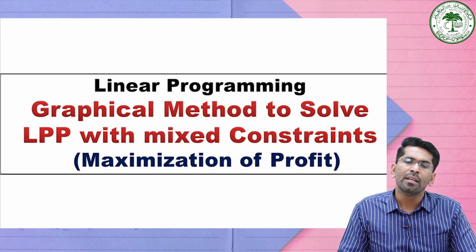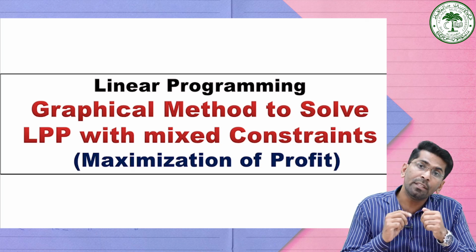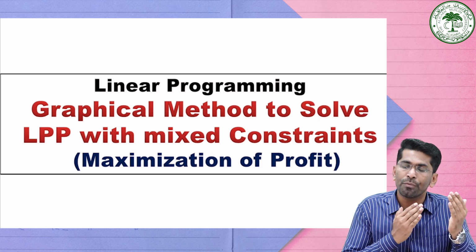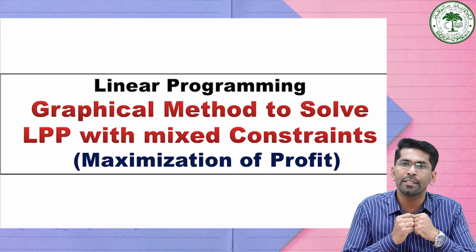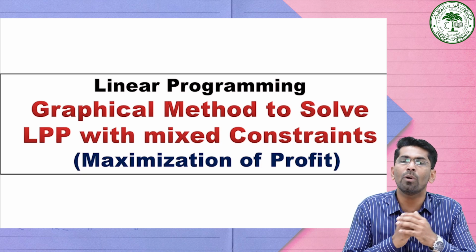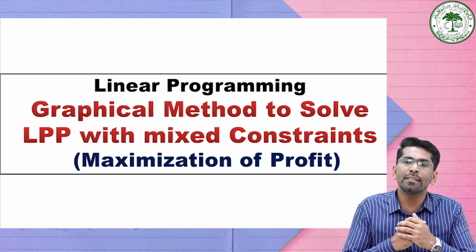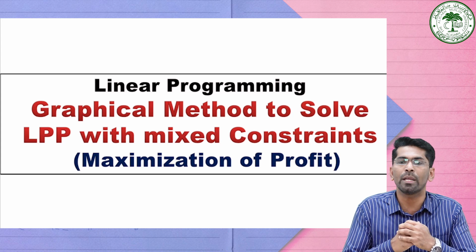So in the linear programming problem for which the constraints involve both types of inequalities, which we have not discussed till now, in the case of maximization of profit, we said the constraint inequalities are less than or equal to the concerned resources, and in the case of minimization, it is greater than or equal to the minimum requirement.